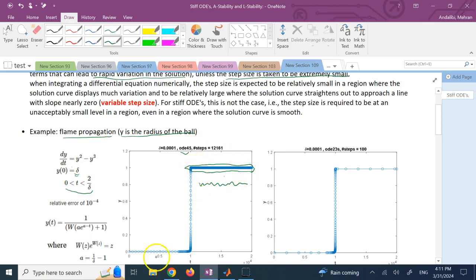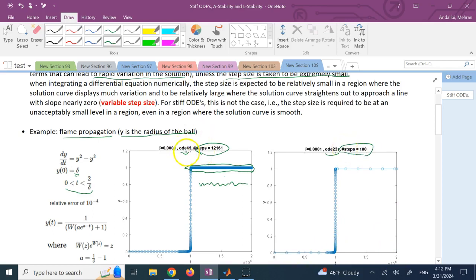That's why you see for this simulation time, ODE45 is taking about 12,000 steps, which is quite a bit. But if you use an ODE solver that is designed to handle stiff ODEs, something like ODE23S, you see it can handle this entire time range with only 100 steps.